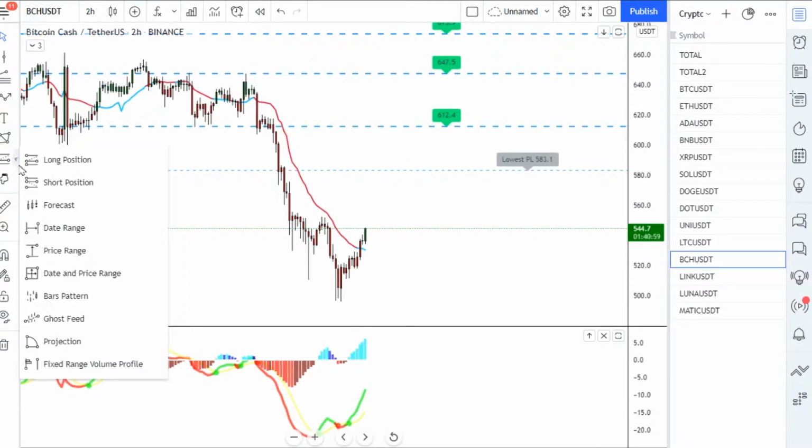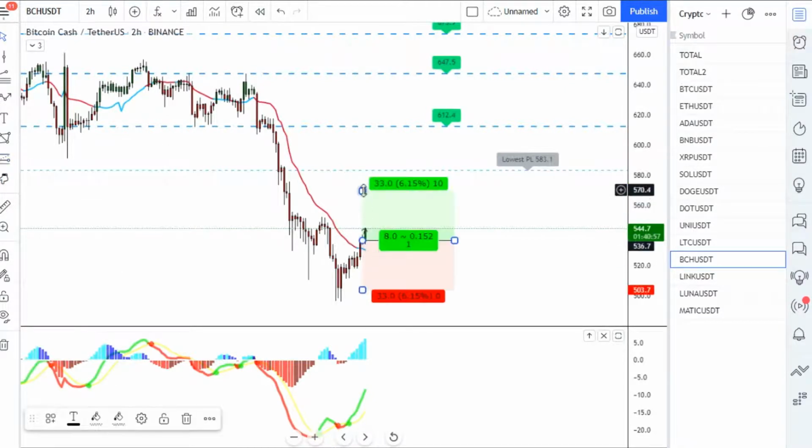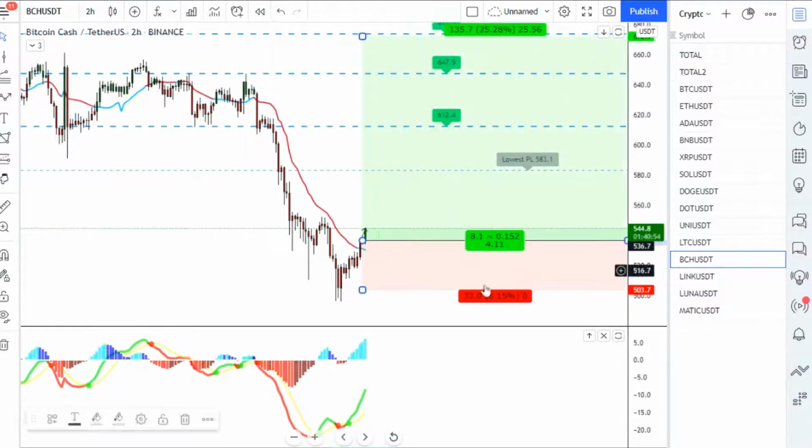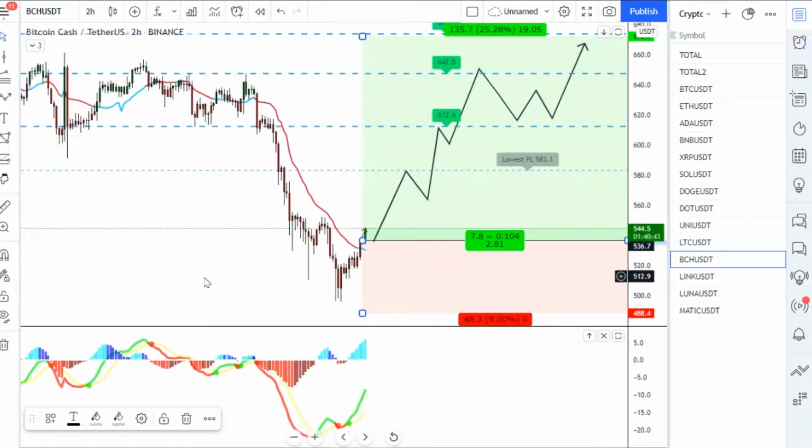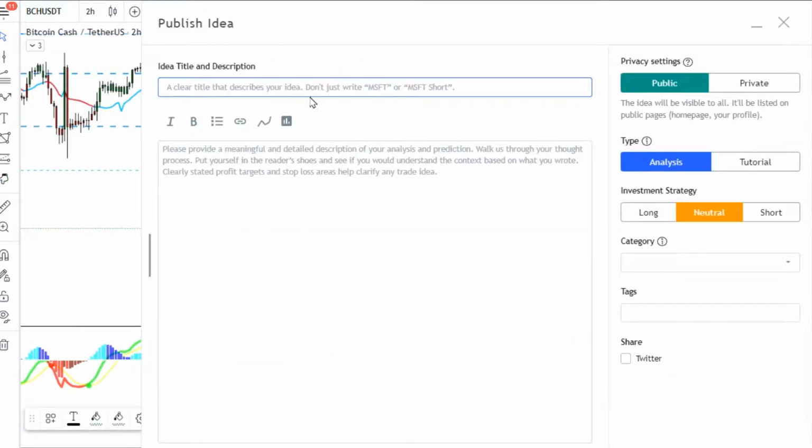You don't need a lot of education to say it's bullish. You know? So this is Bitcoin Cash.